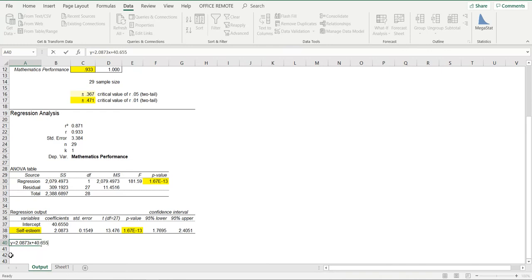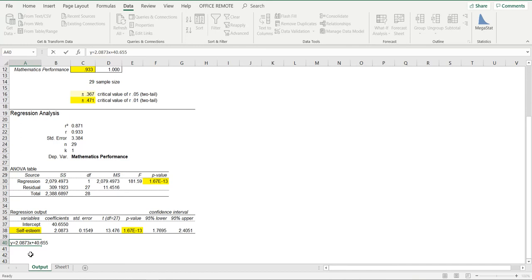So this is now our model. So y equals 2.0873x plus 40.655, where y is the mathematics performance and x is the self-esteem.